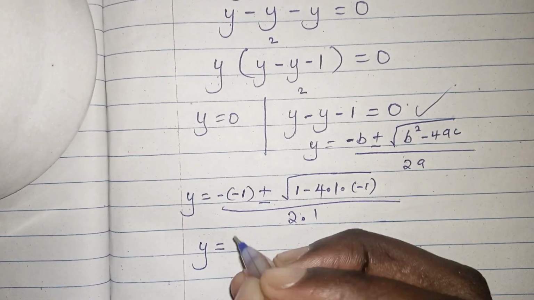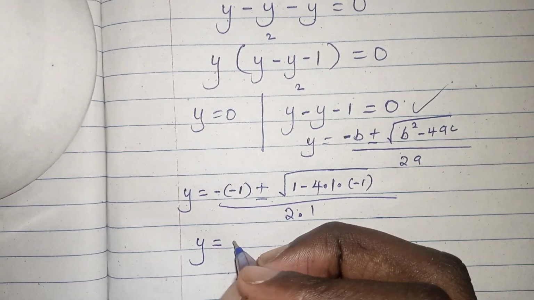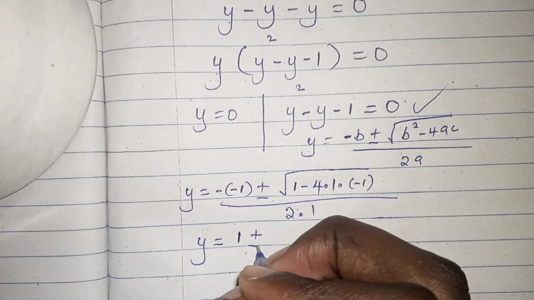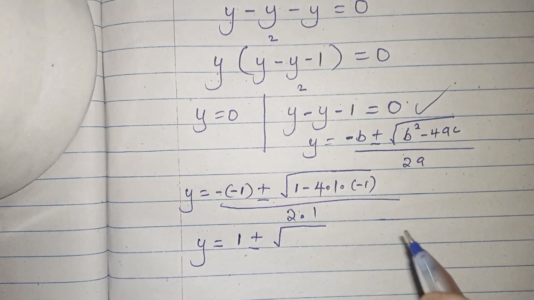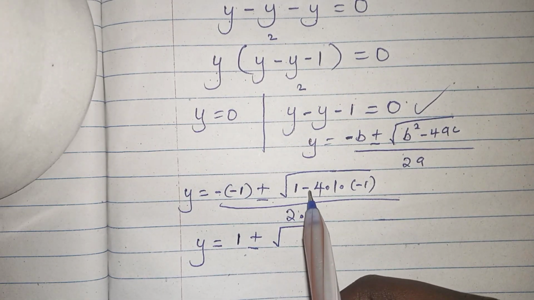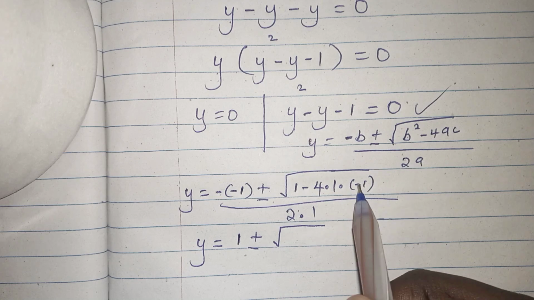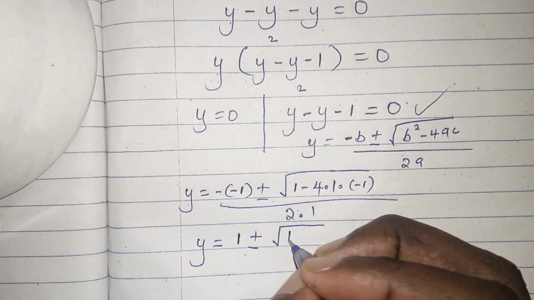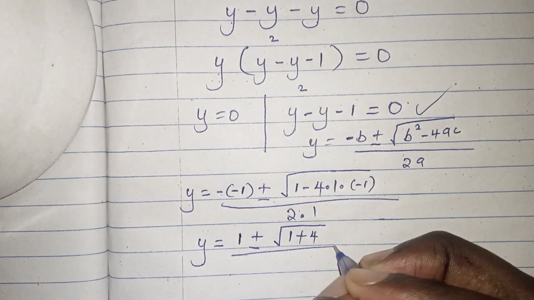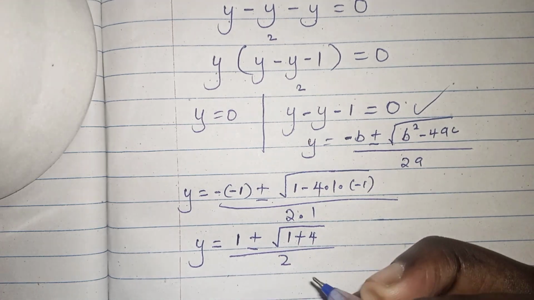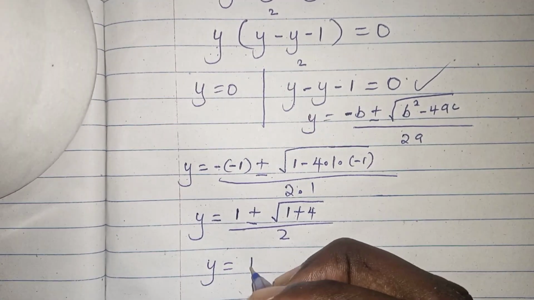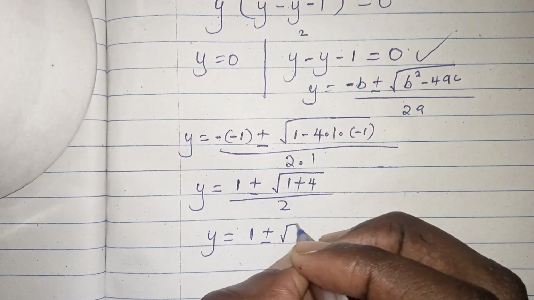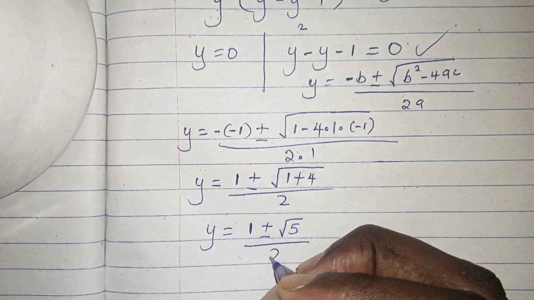So y is equal to, so this is negative times negative, positive 1 plus or minus the square root of, so we have 1, then we have this negative times negative, positive, so 1 plus 4, over 2 times 1 is 2. So y is equal to 1 plus or minus the square root of 5 over 2.